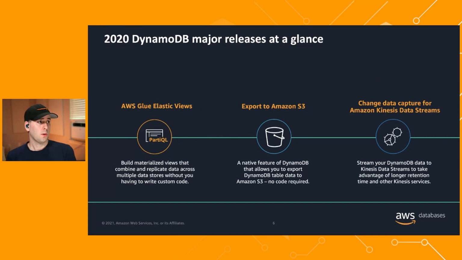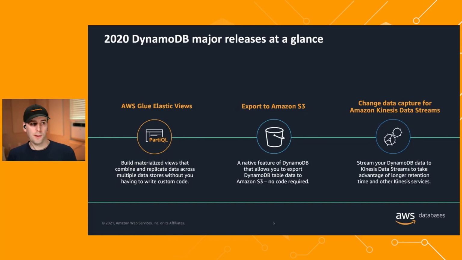The last feature I want to mention is the Amazon Kinesis Data Streams for Amazon DynamoDB integration. So the way this works, we'll get into it. I don't want to tell you how it works. We'll get there. DynamoDB is the publisher of records into the stream, and it gives you the full ecosystem of KDS.